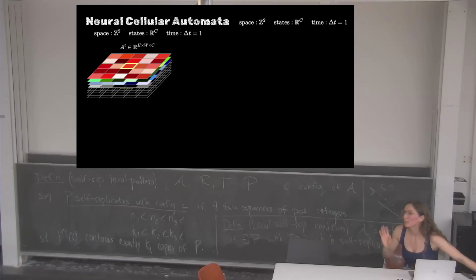The fourth channel somehow determines the activity so that we have a sense whether a particular cell is dead and should not be updated or whether it is alive and deserves an update. And then we have these hidden channels where we allow the neural cellular automaton to learn and represent information as it needs, but we really don't care about this when we visualize the dynamics of the system.